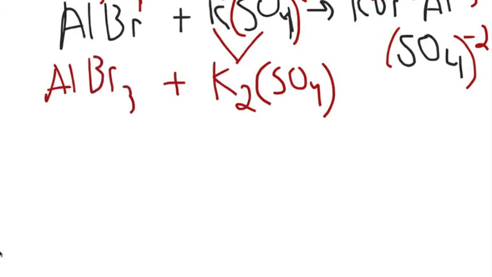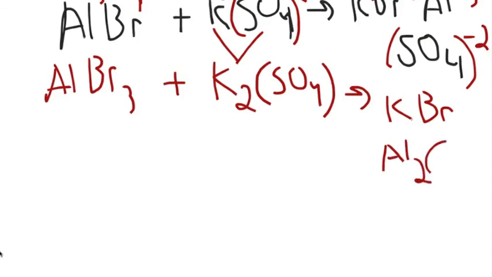AlBr3. This will produce potassium bromide and aluminum 2 SO4 3.